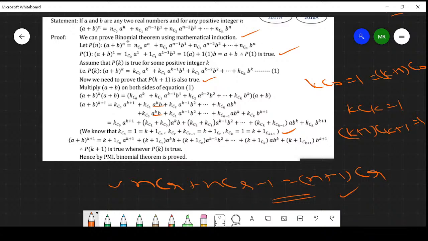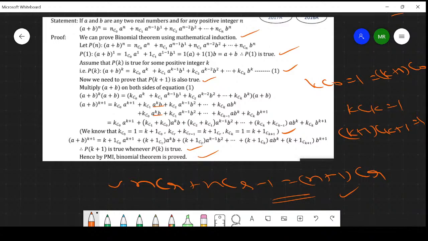You can verify in the given statement 1, wherever k, we have k plus 1 here. So p of k plus 1 is true whenever p of k is true. Hence by PMI, principle of mathematical induction, binomial theorem is proved.